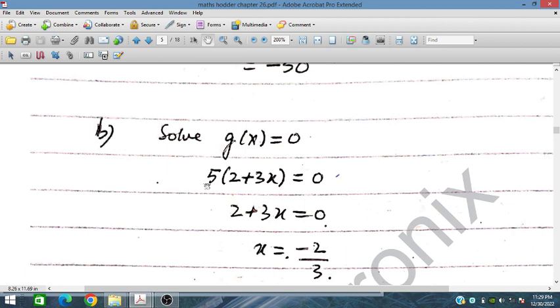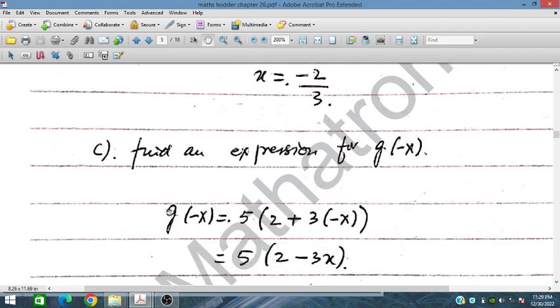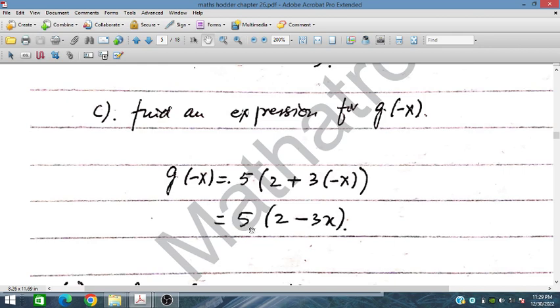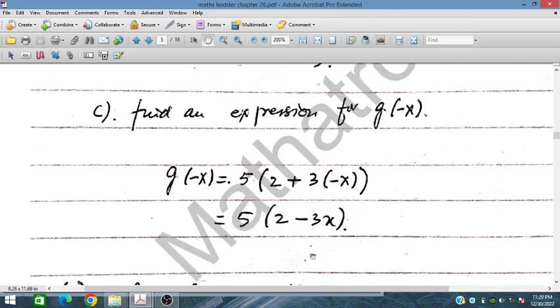Divide by 5 on both sides, and 2 plus 3x is equal to 0, and x is equal to minus 2 upon 3. Find an expression for g(-x). In place of x we will write minus x, and then the resultant will be 5 into 2 minus 3x.